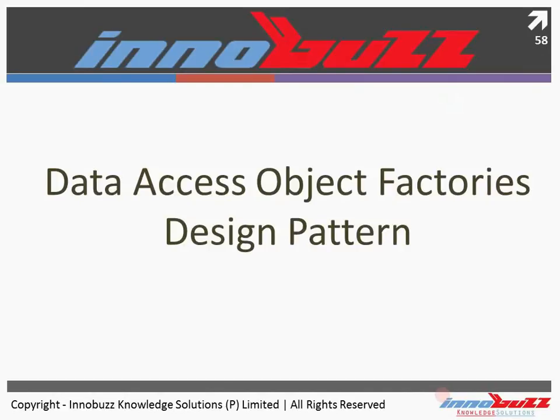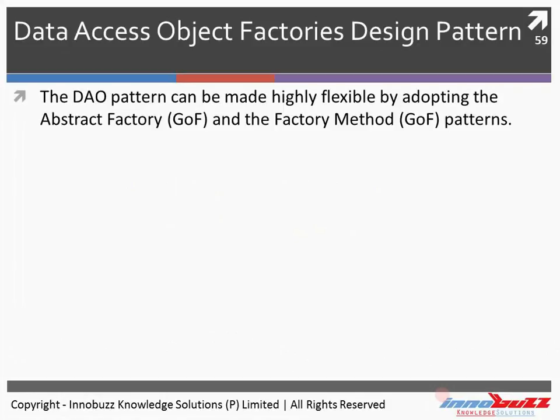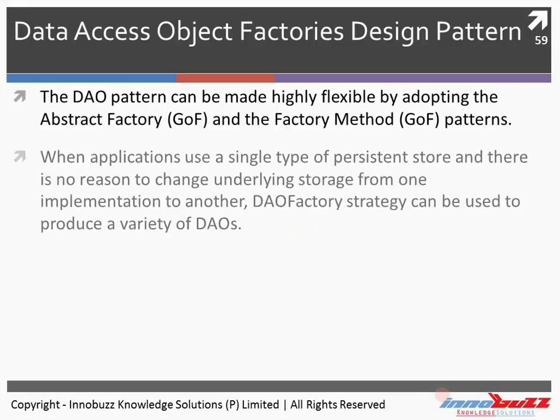So all these object instances can be obtained using these factories. The data access object pattern can be made highly flexible by adopting the abstract factory. So this is one of the design patterns of the Gang of Four, and the factory method. So these two, factory method and abstract factory, can be used for adopting a flexible data access object design pattern.